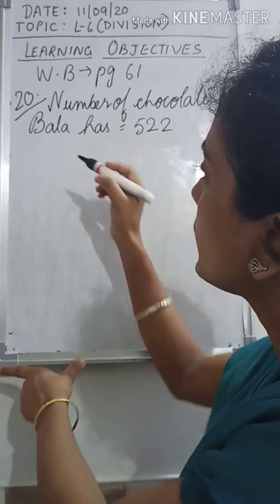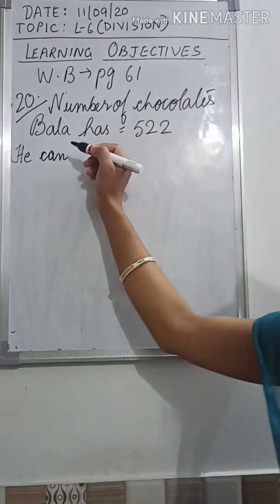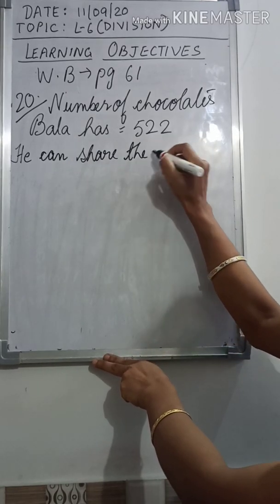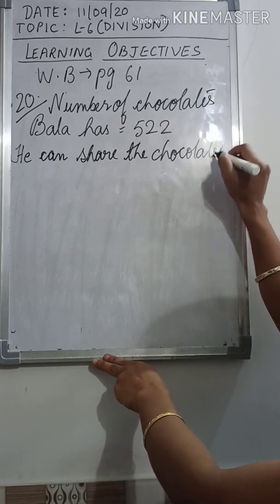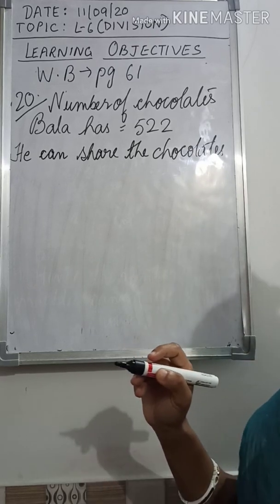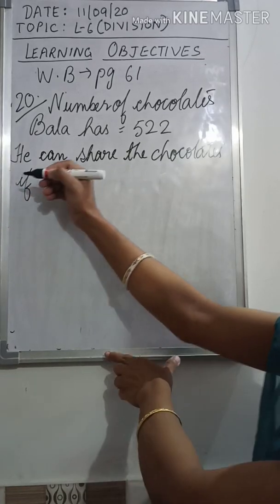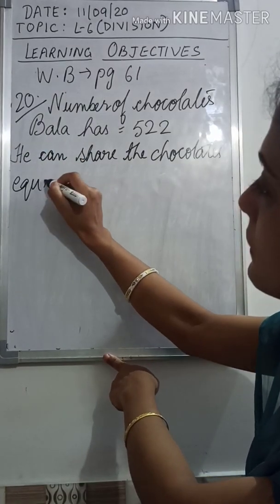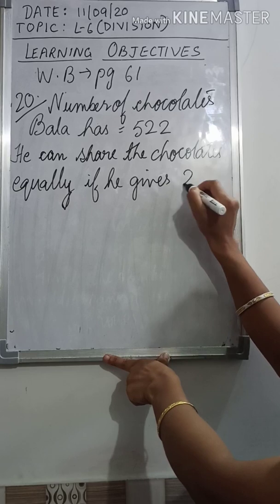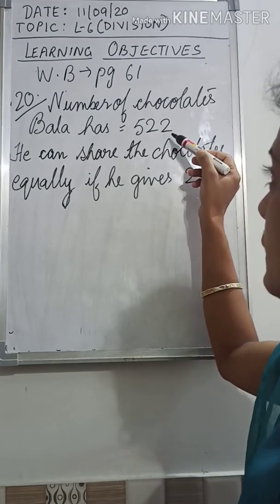So we can write, he can share the chocolates if he gives 2. That means by 2 we can share it because the last digit of 522 is an even number.